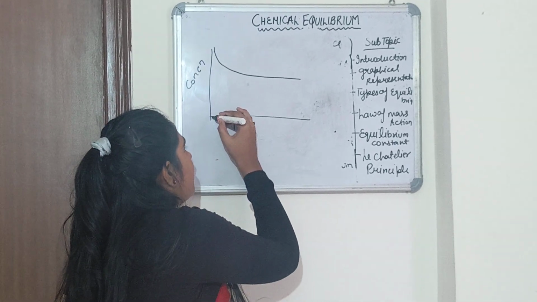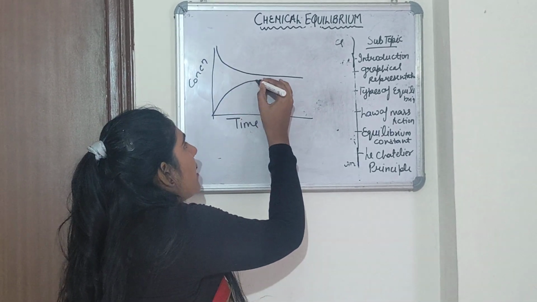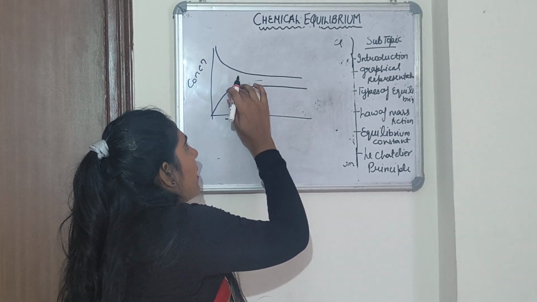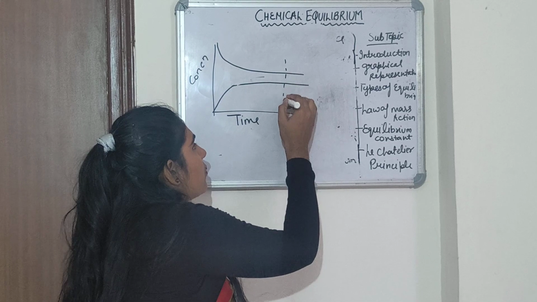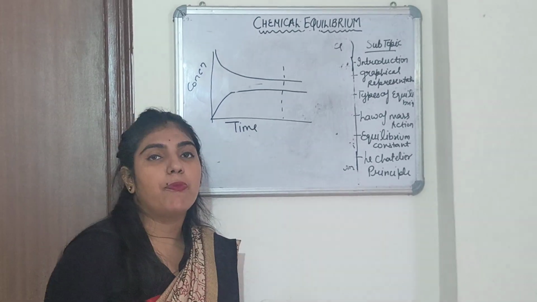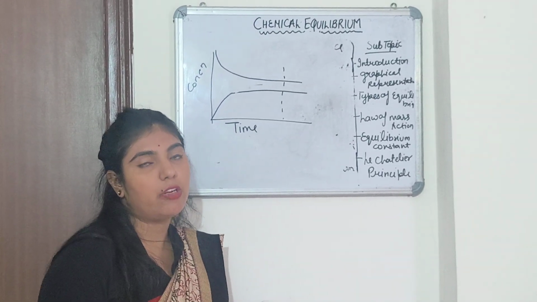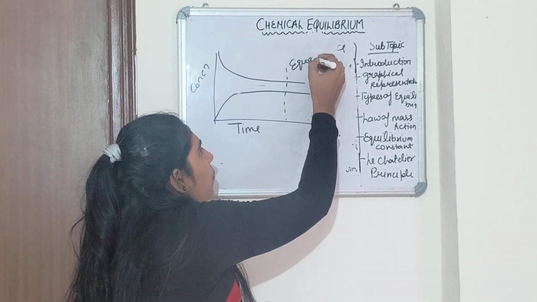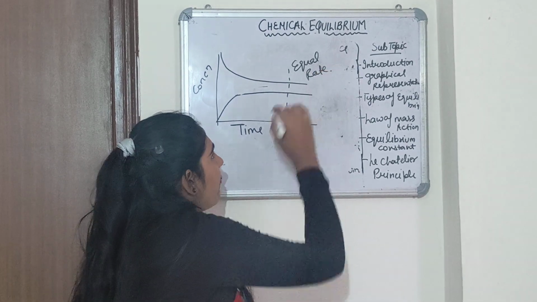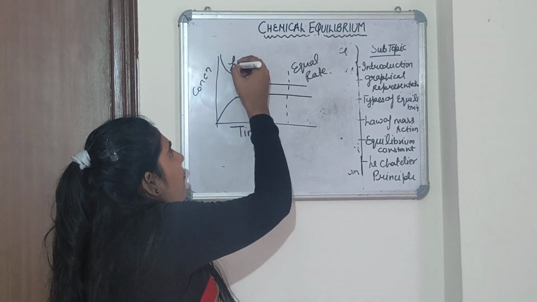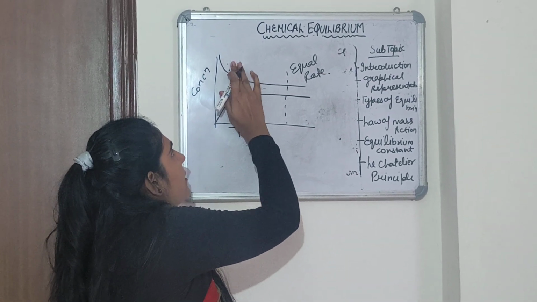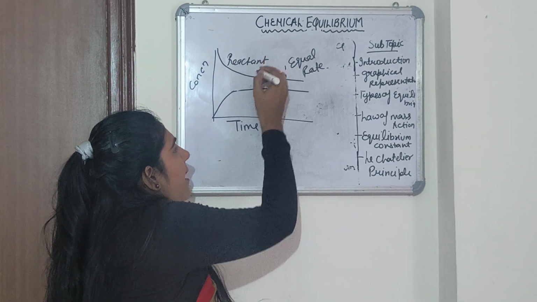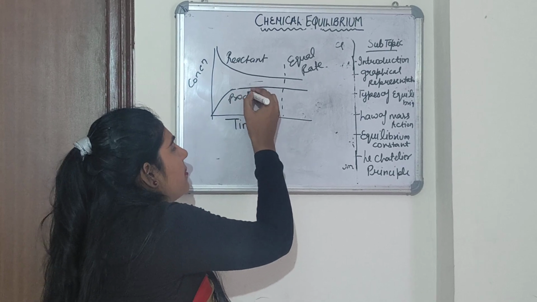The products at the start are 0 in number. After some time they become equal, right? So the rate of formation of product becomes equal to the rate of formation of reactant, that is, equal rates in the case of equilibrium. This line is for the reactants and this line depicts the products.